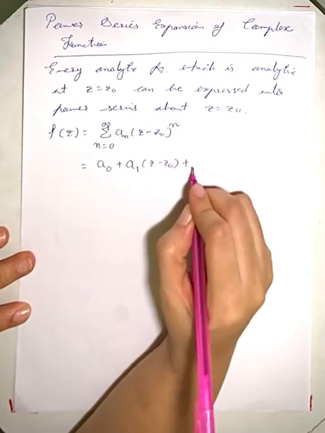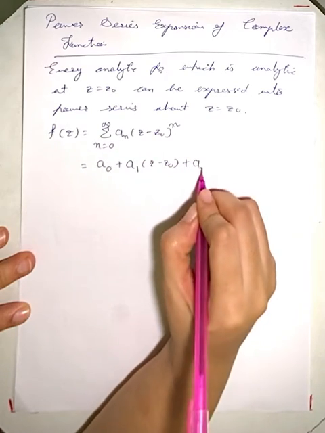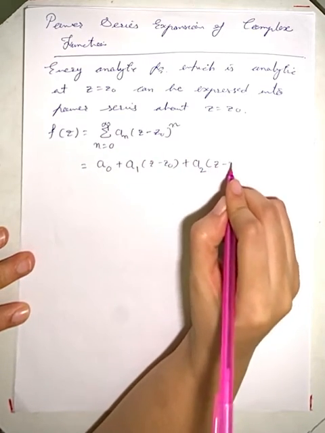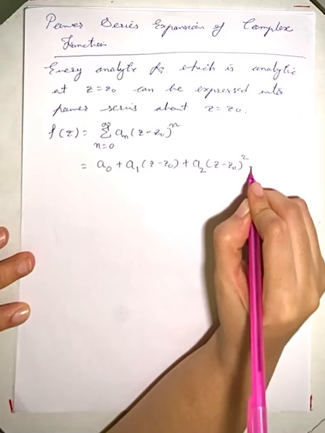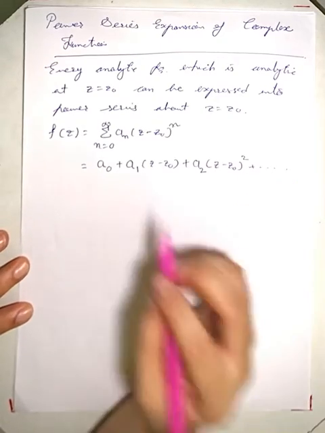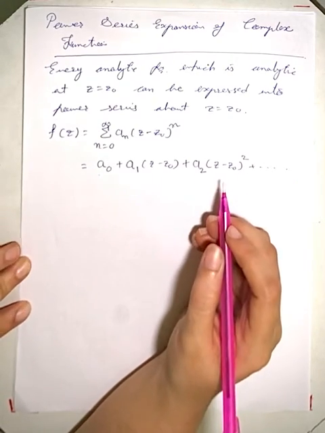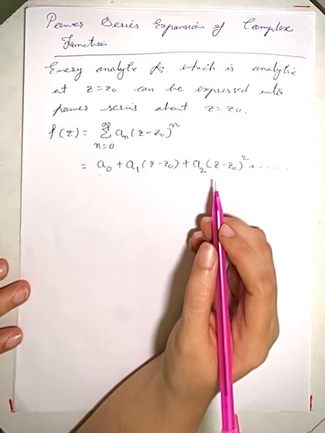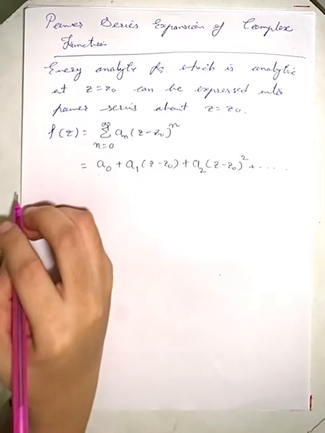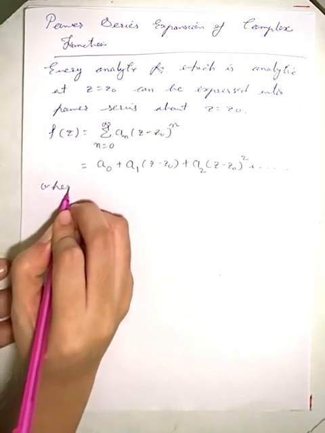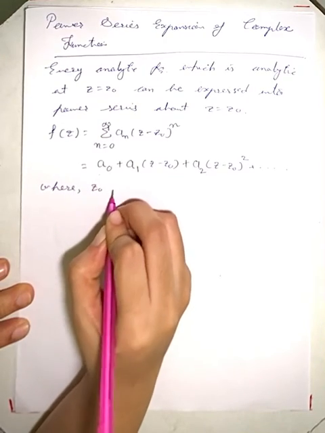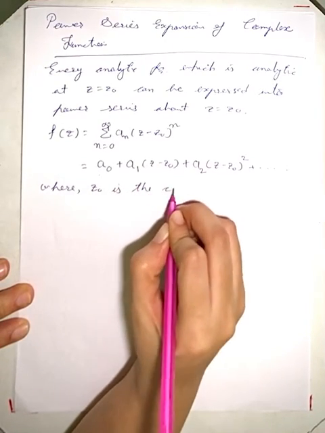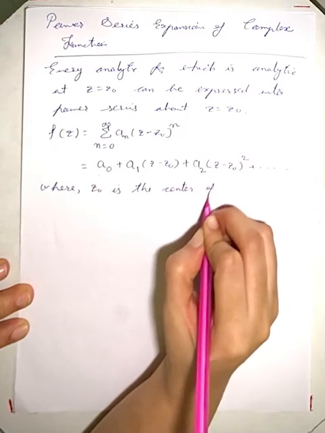Then the next term will be a2 (z minus z0) to the power 2, and so on. a0, a1, a2 are called the coefficients, and z0 is the center of the power series.